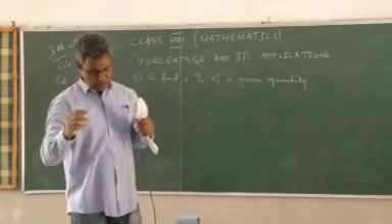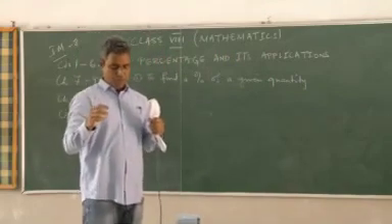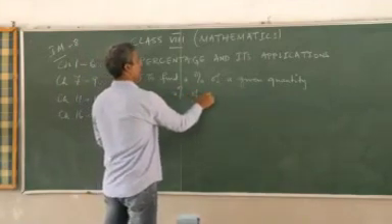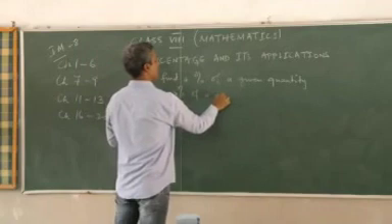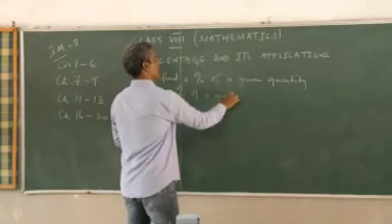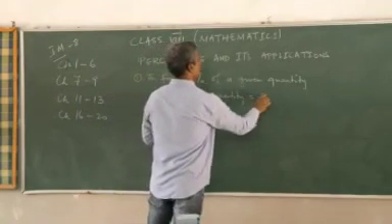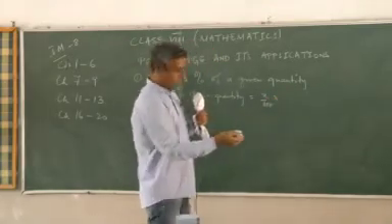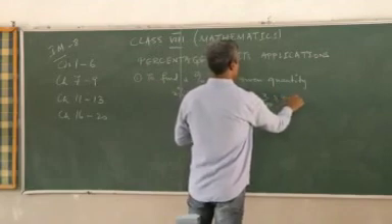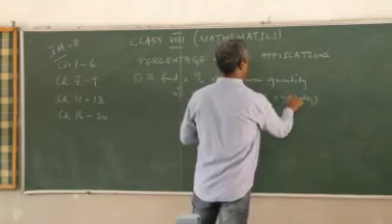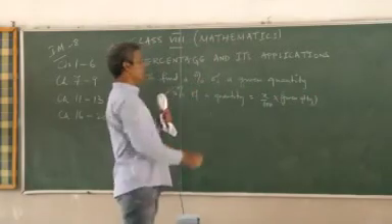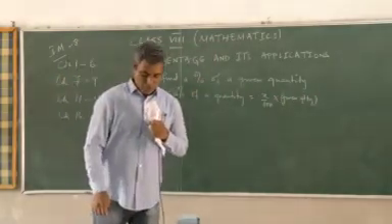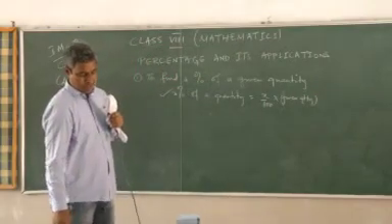To find percentage of a given quantity, meaning X% of a quantity can be taken as X by 100 into that quantity. So sometimes you cannot understand a formula until we actually apply it. So let us apply this.